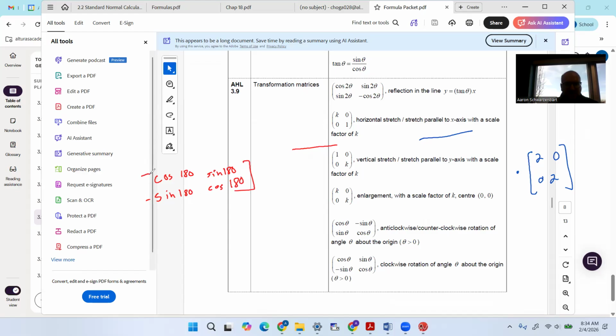So cosine 180 is negative 1, sine 180 is 0. I'm just going to multiply these by hand. Negative 2, and row 2 times column 1 is 0. And that's our transformation matrix.